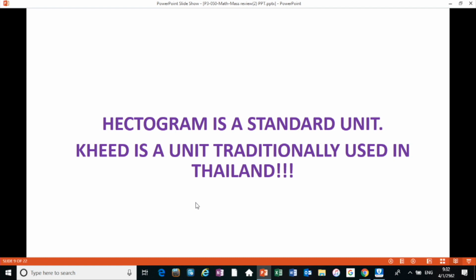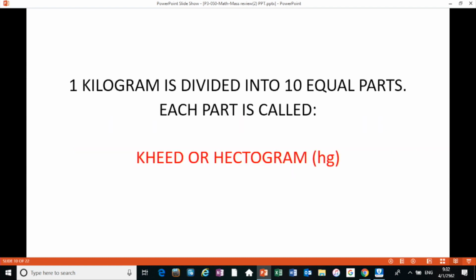If I go to America or Africa and I say, oh, that weighs 10 kid, they'd look at me and say, what's kid? Only in Thailand do we use kid. And 1 kilogram is 10 hectogram or 10 kid.